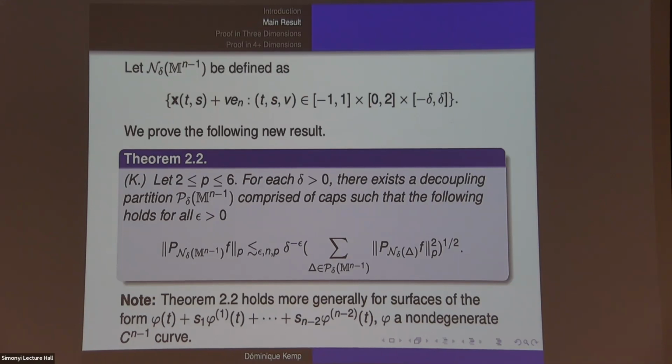Now, at the same time, it does not appear that the parabolic symmetrical decoupling is sufficient to get us all the way down to the flattest possible caps. It's only good enough to give us caps that extend at most delta along the normal direction.